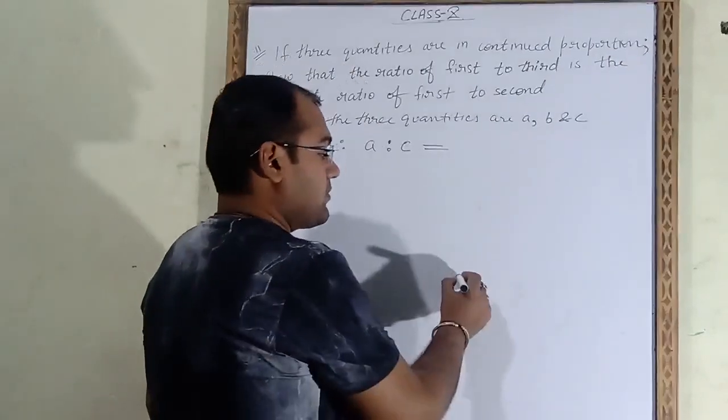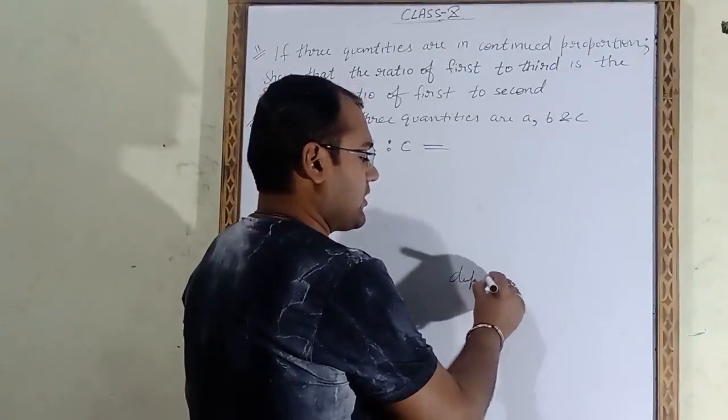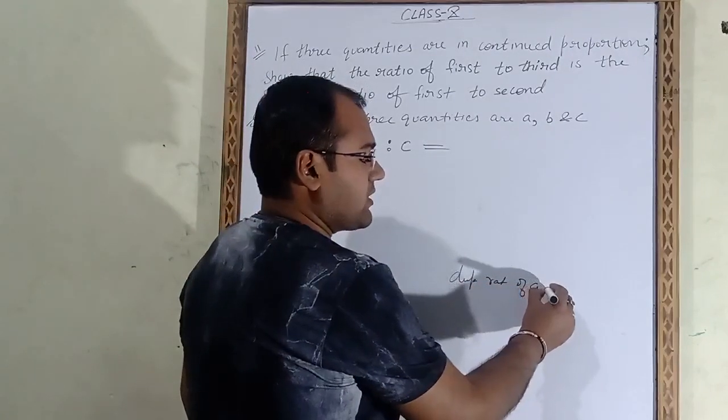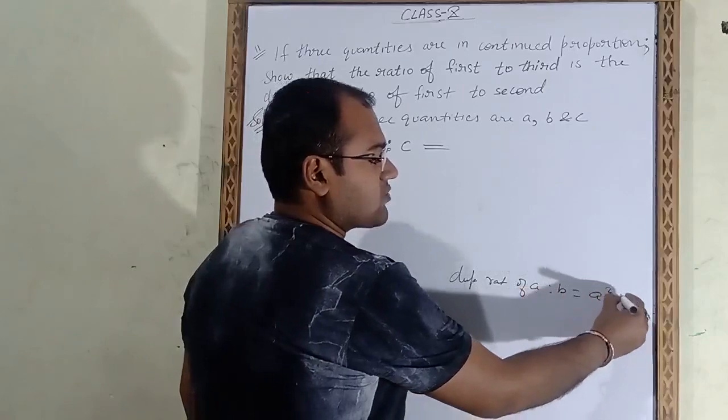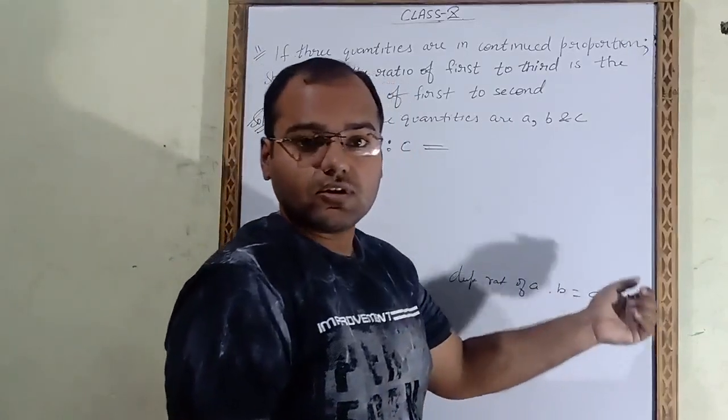In the previous exercise I explained what a duplicate ratio is. Duplicate ratio of A is to B is A square ratio B square.